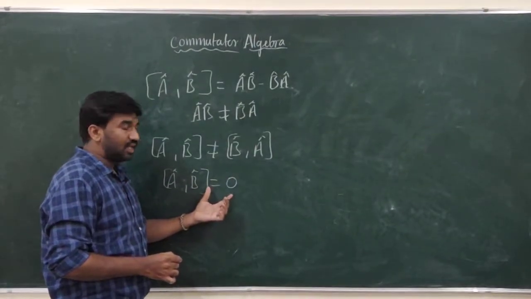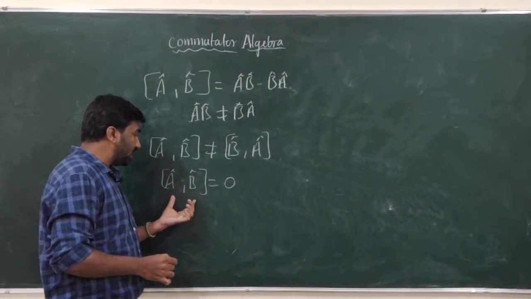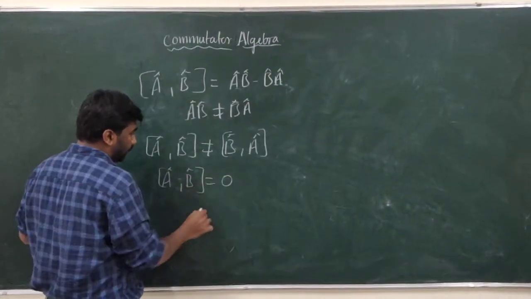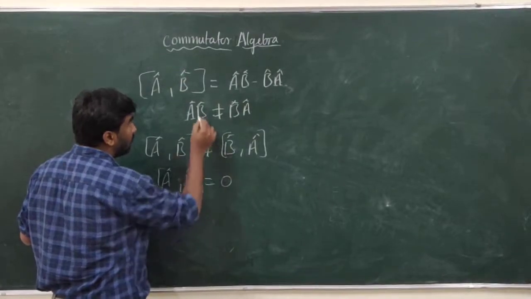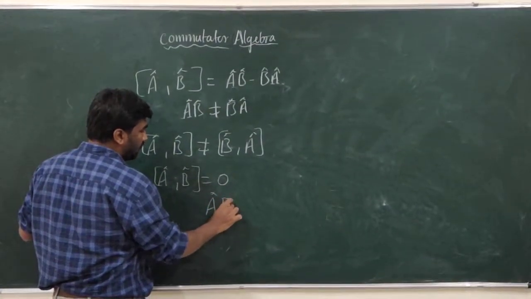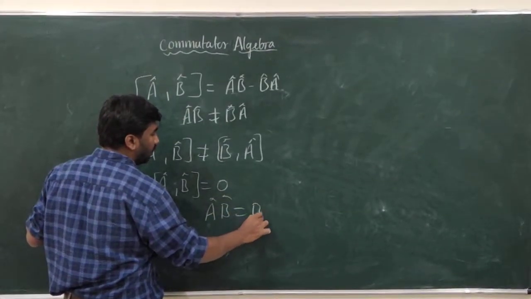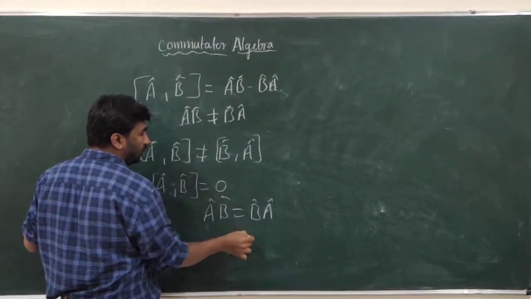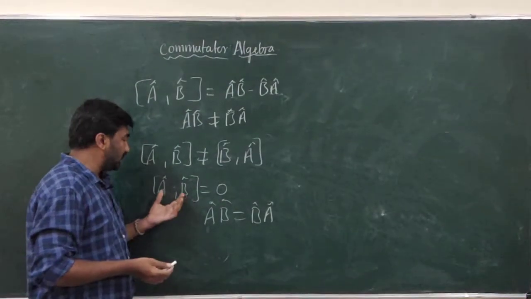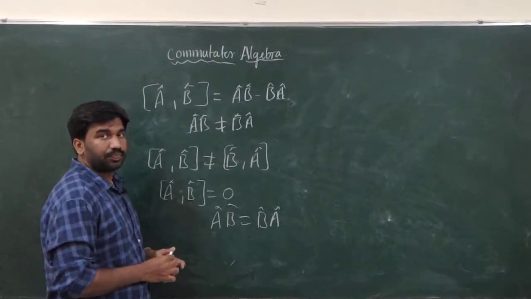So we can say A and B commute with each other, and then we can write AB is equal to BA. It is possible to write this only when these two operators commute with each other, that is [A, B] is equal to 0.